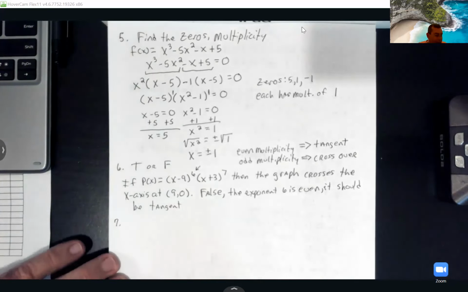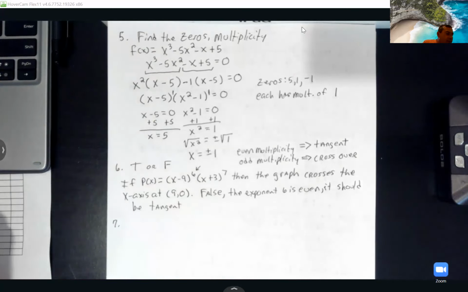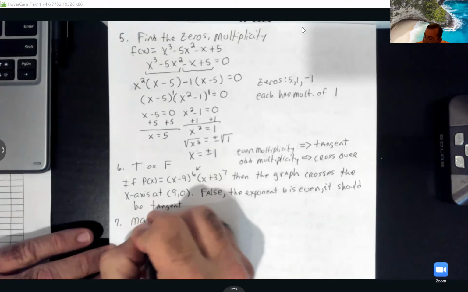All right, for number 7, let me find my polynomial. All right, so 7, I want the max zeros.